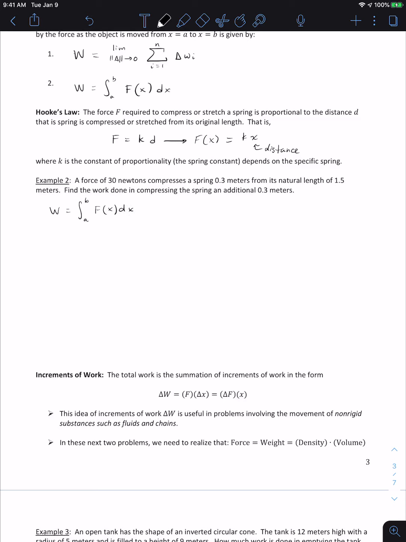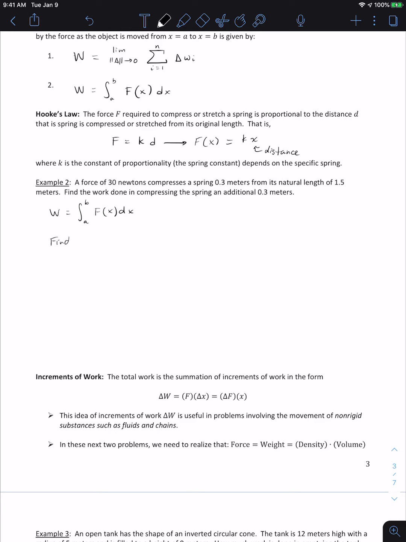In this example though, we're not given the force function because we're not given the spring constant. But we're given enough information: the force of 30 newtons is when I compress the spring 0.3 meters, so I know the force at a certain distance, and I can use that to solve for k. Once I know k, I'll have the force function.